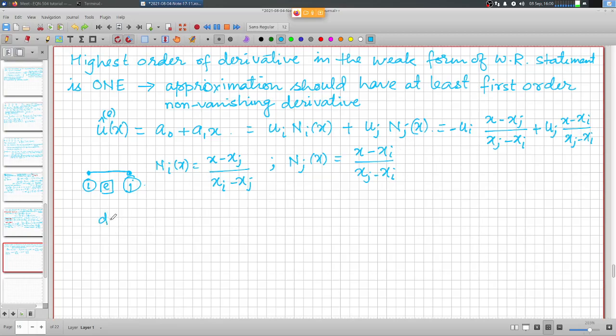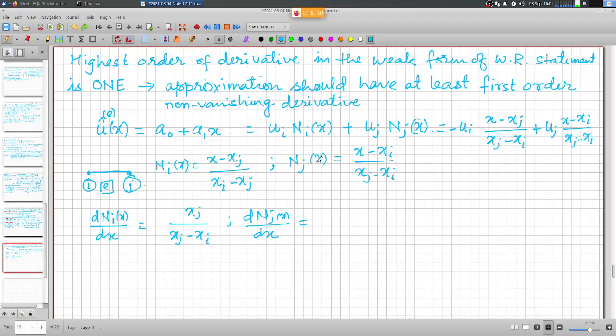Accordingly we can also find the derivative, du by dx, or instead of du by dx we should just say dNi by dx is equal to minus xj, or xj divided by xj minus xi, and dNj by dx.